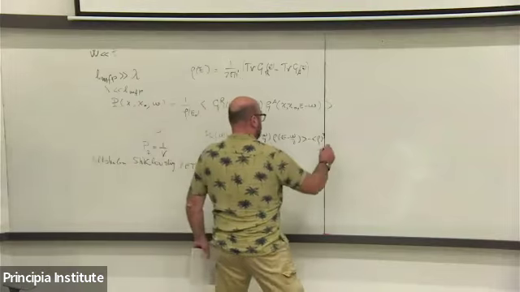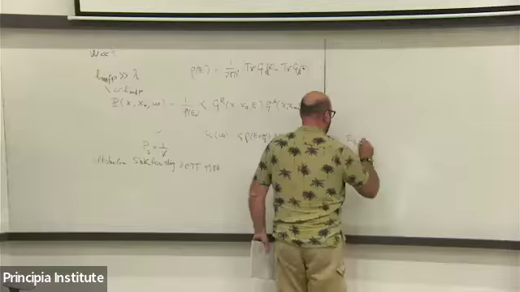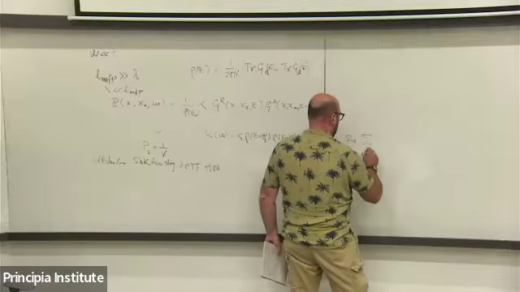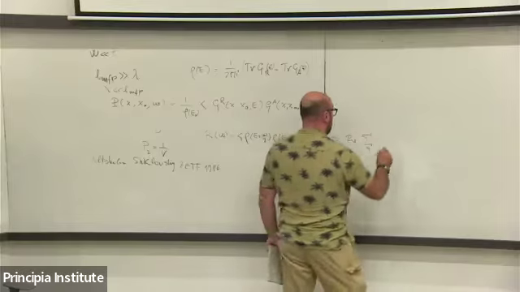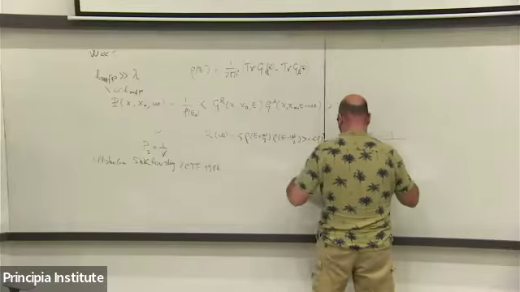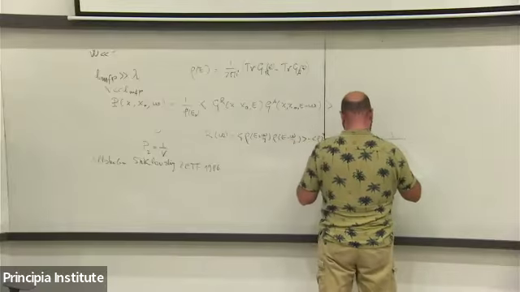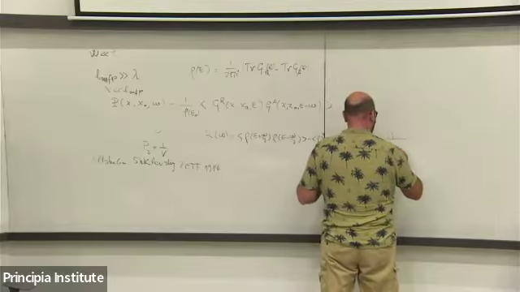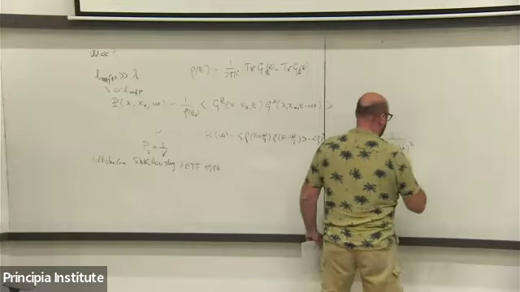This thing here is the real part of the sum over all the diffusion modes of 1 divided by (Dq squared minus i omega) squared.